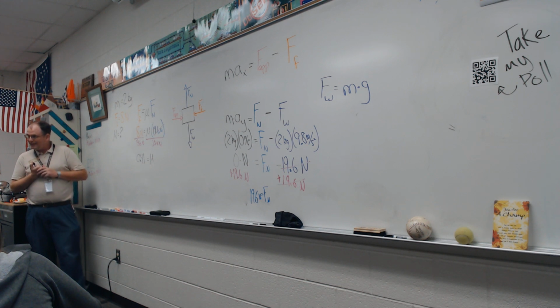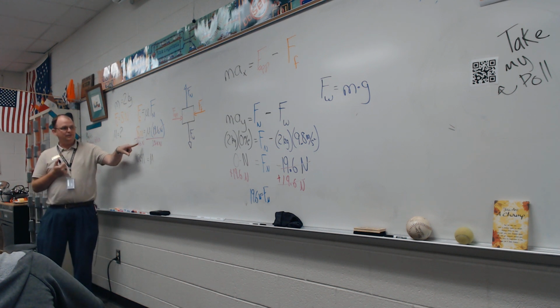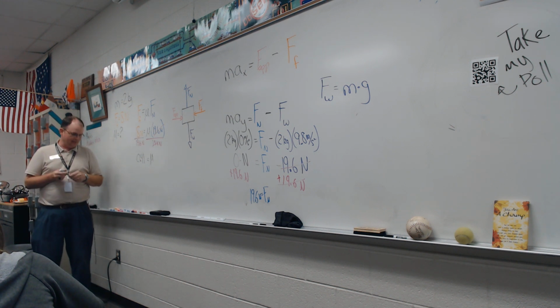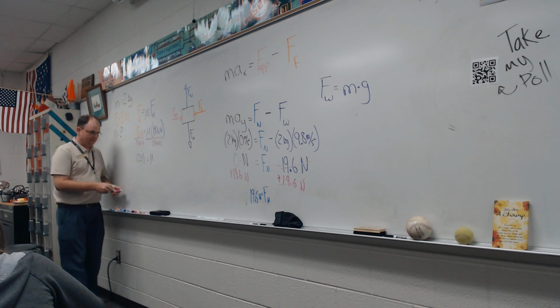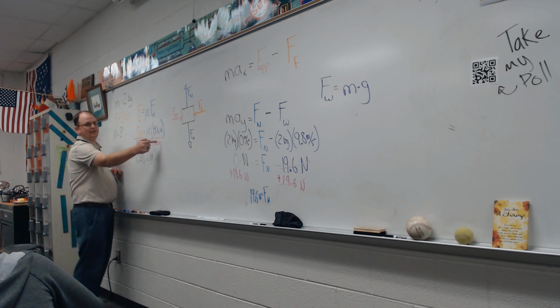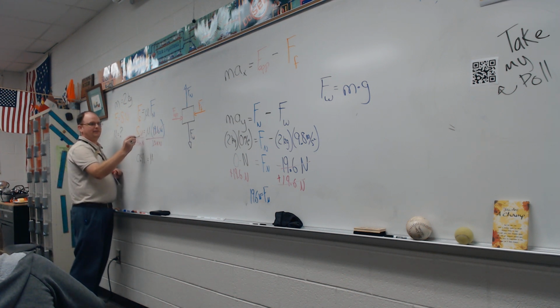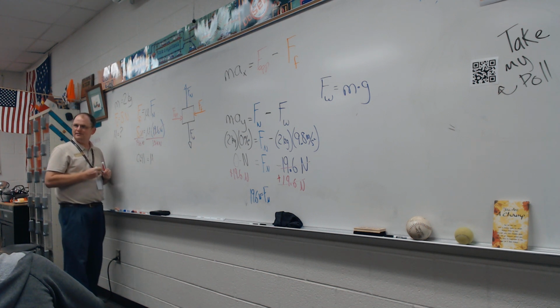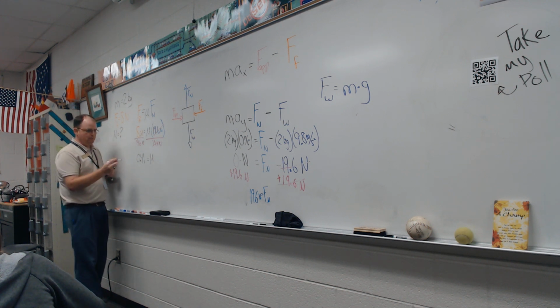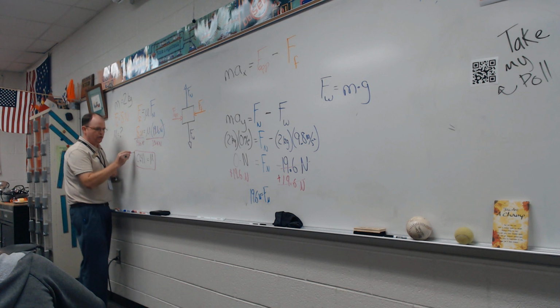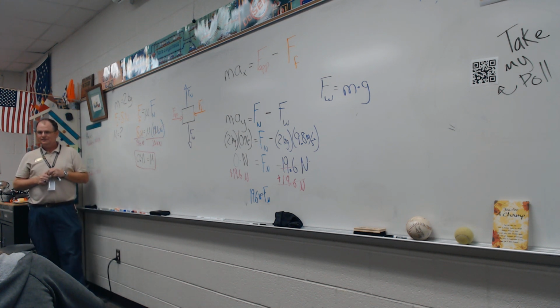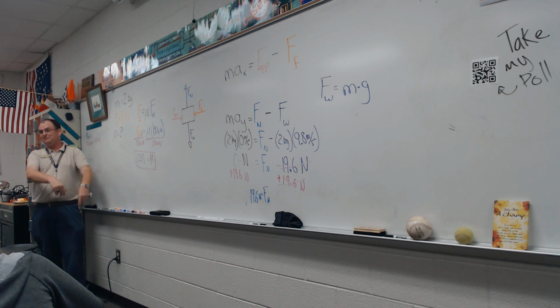And I have one last question. Does anyone know what a Newton divided by a Newton is? Over here they canceled out, so guess what they do over here? They cancel out. My answer, the mu value, is a unitless number. It's the one time you forget to write units, and it's okay because it doesn't have any units.